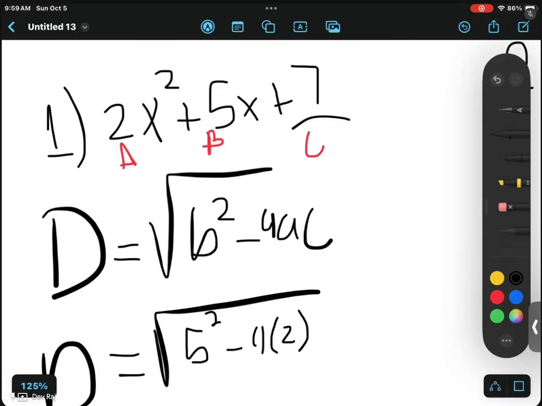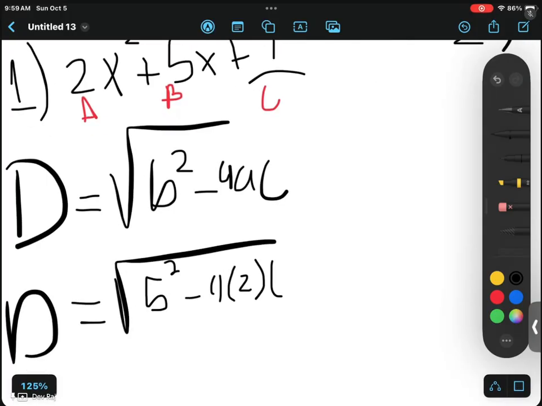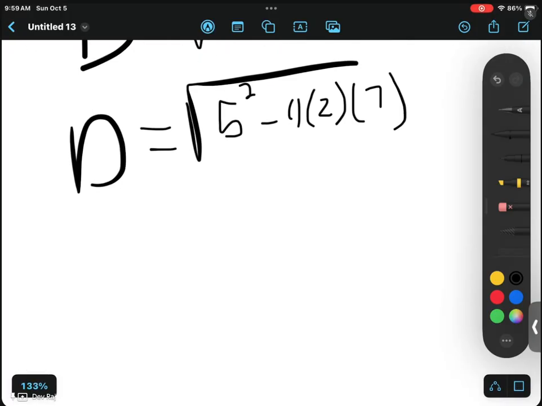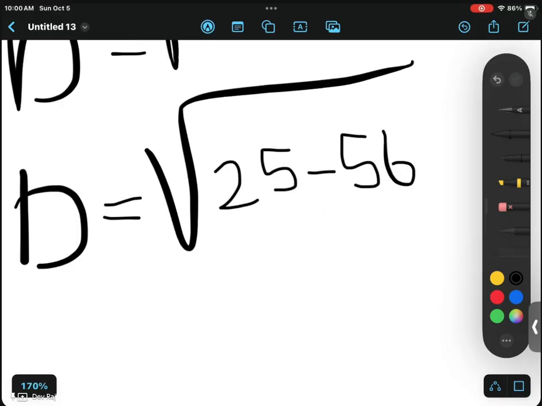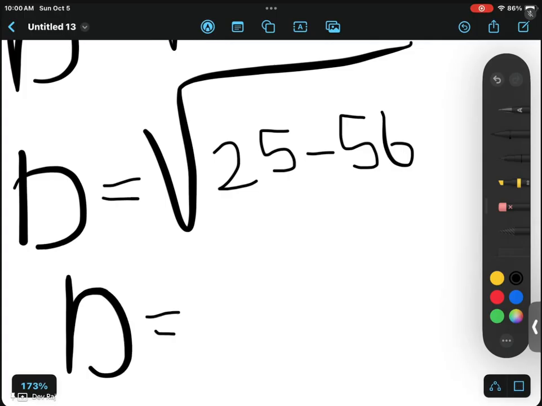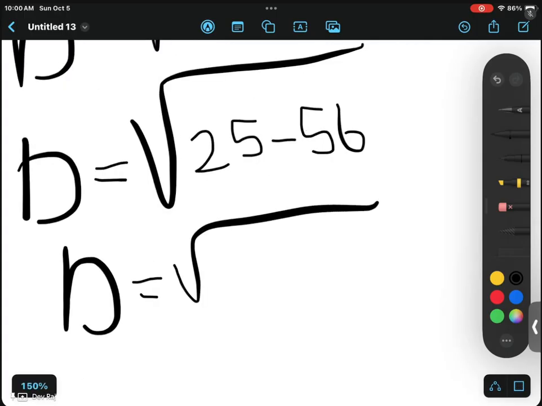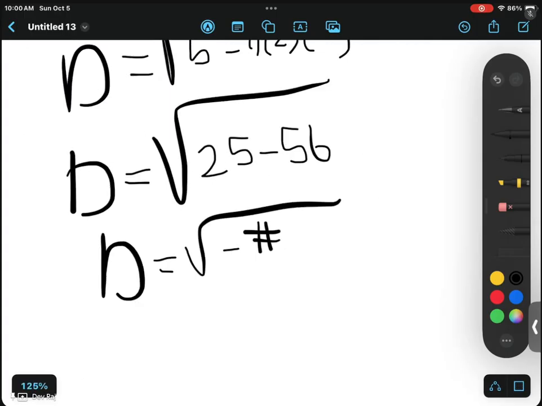And then what is c? C is 7. So let's do it. D equals 5 squared is just 25 minus 4 times 7. That would just give us 28 times 2, 56. So D is overall a negative number, right? Can we agree on that?